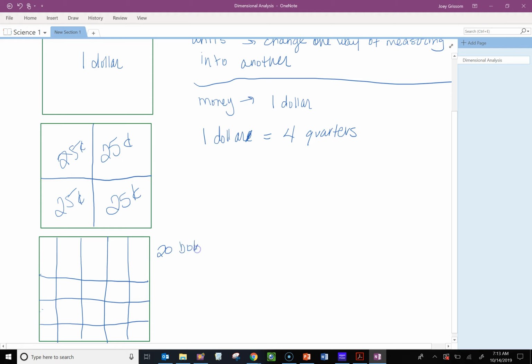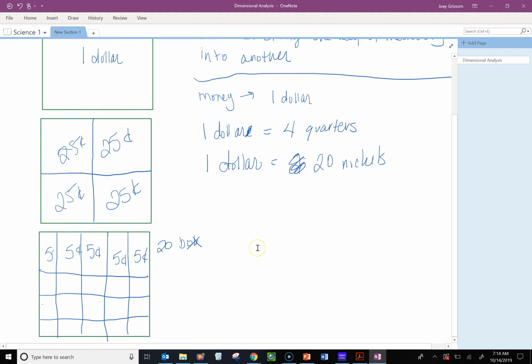So I've split it up to where each box is equivalent to 5 cents. And if I add up each of those 5-cent chunks, they're all going to equal $1. So I also know that $1 is equal to 20 nickels. Right, so again, still having that same amount, but I'm just measuring and doling it out in a different way.